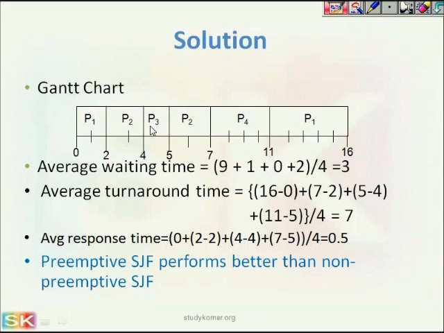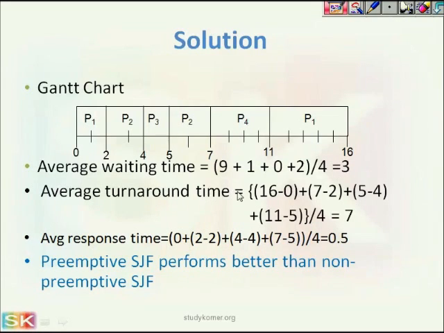P3 was submitted at time 4, got the CPU at 4, and so waited for 0 seconds, right? For P4, submitted at time 5, got the CPU at 7, so 7 minus 5, that is 2. Dividing the total by 4 gives 3, right?